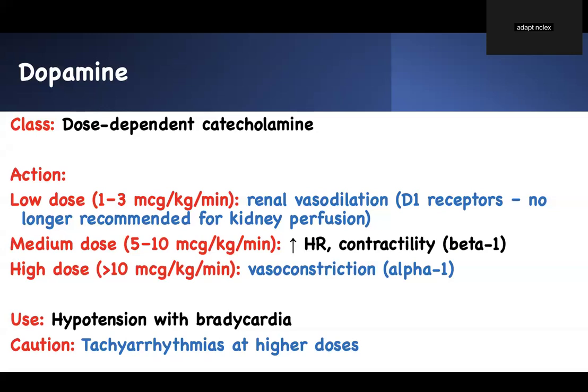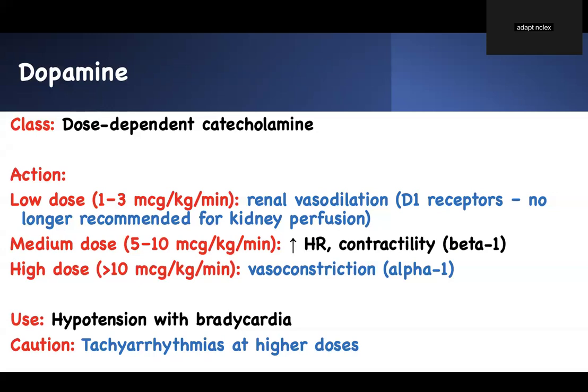A medium dose, that means 5 to 10 micrograms per kilo per minute, is now an inotrope. It's going to improve contractility, but the side effect is what? Tachycardia, because it starts acting on beta 1 receptors. When it's too high, greater than 10, it's now going to act on alpha 1.